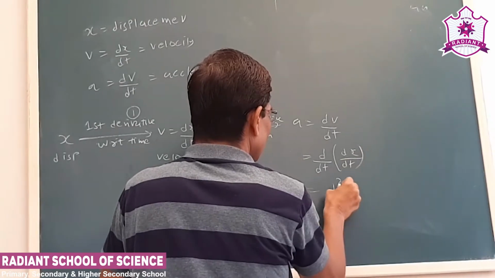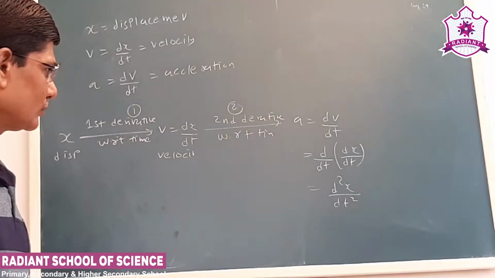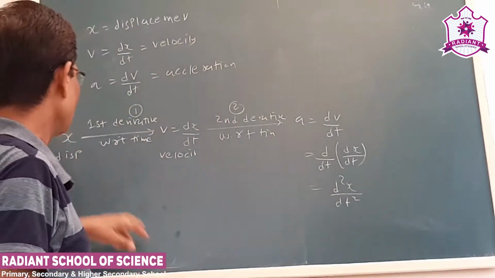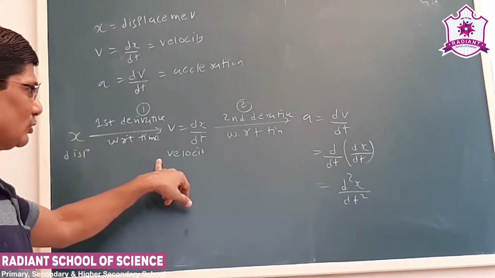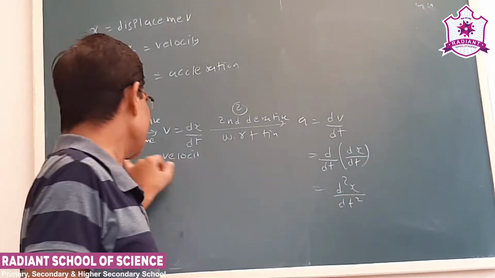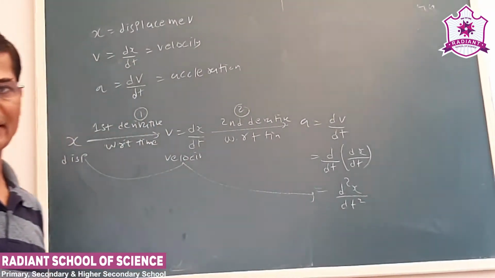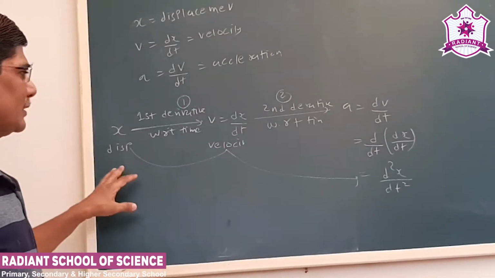So that is called d2x upon dt square, which is again a mathematical concept called the second order derivative. So by taking the first derivative of displacement we get velocity, and by taking the second derivative of the displacement we get the acceleration. So acceleration is a second order derivative of displacement.